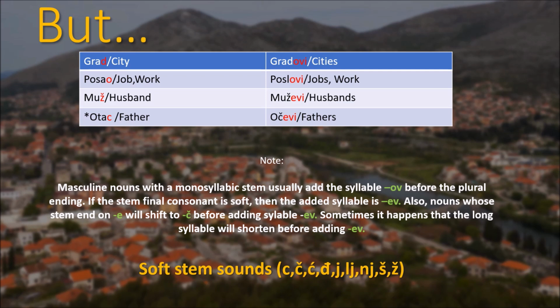For example, grad, city. The plural version of this noun would be gradovi. Posao, job or work. Poslovi. Muž, husband.